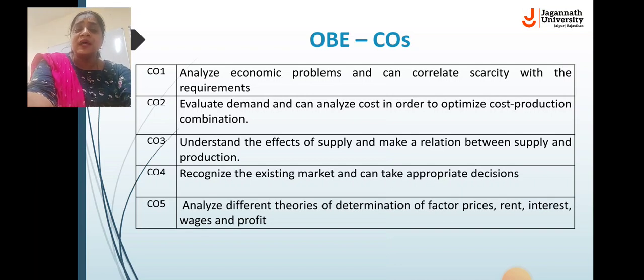Second, to evaluate demand and analyze cost in order to optimize the cost production combination. See, what is demand?